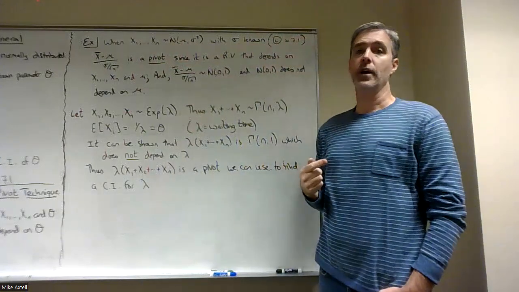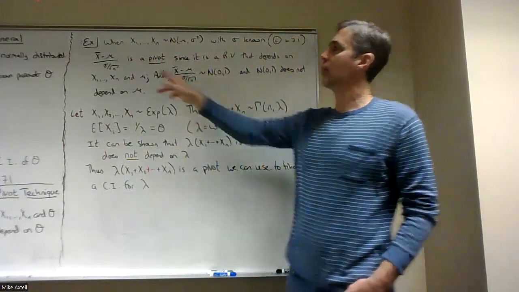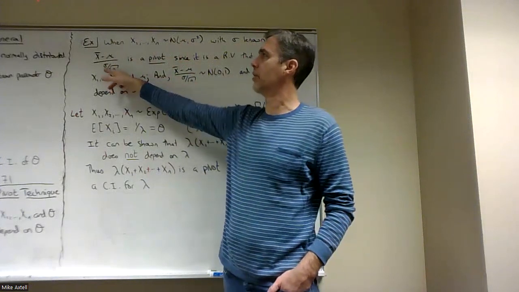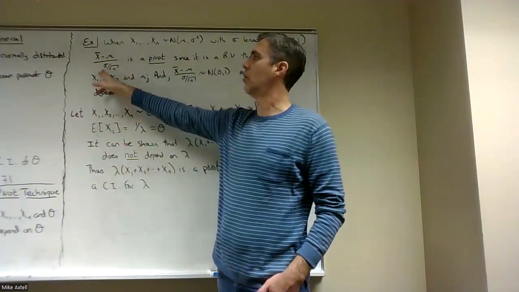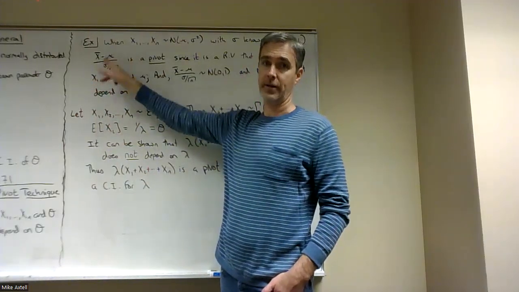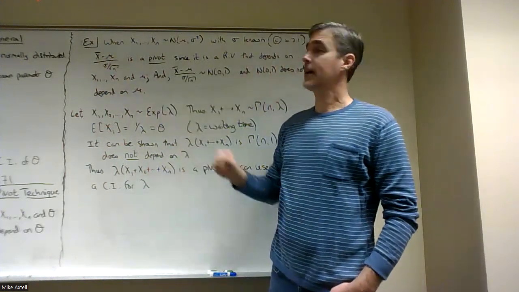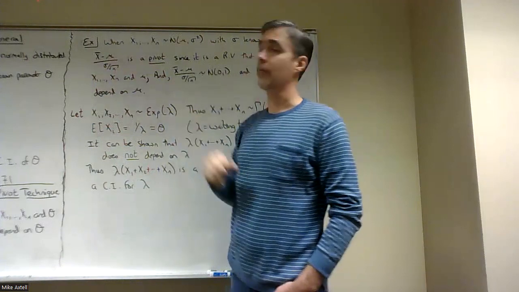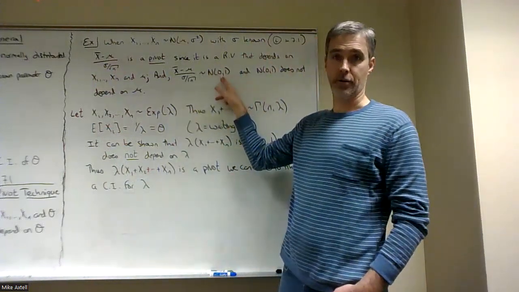Now, if you remember, in that process of getting a confidence interval for mu, I created this random variable, sample mean minus unknown population mean, all over sigma divided by root n. All right, this is a random variable. It varies with the data. It contains the unknown parameter mu, and its distribution is N(0,1).